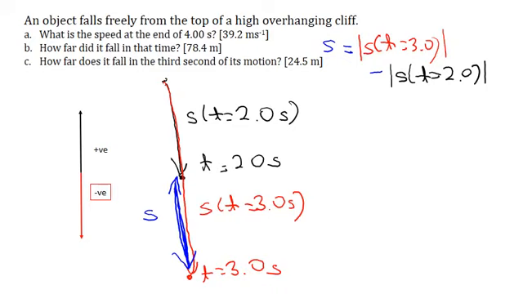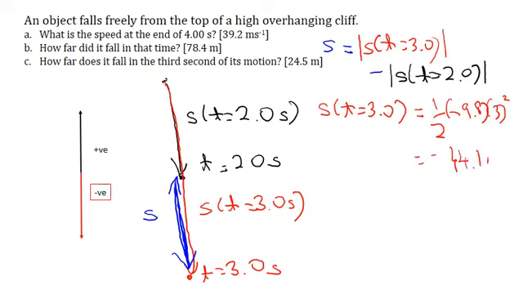So what I'll do first is calculate the displacement at t equals 3 seconds. In this situation, you will have to use the equation s equals ut plus half at squared. u is 0, so you just put in half times minus 9.8 times 3 squared, and that will give you a value of negative 44.1 meters. Again, the minus sign just indicates that it's downwards.